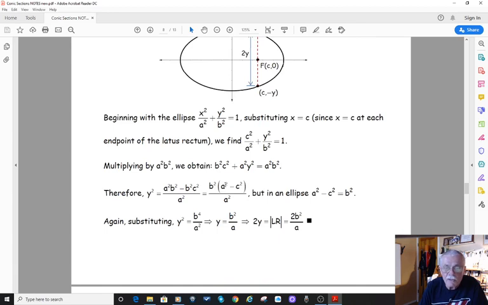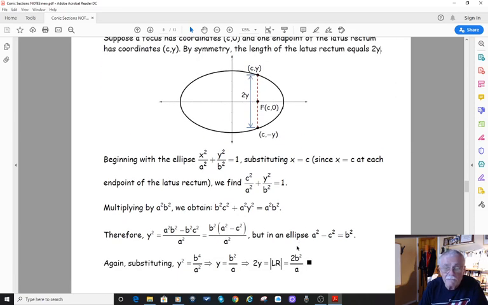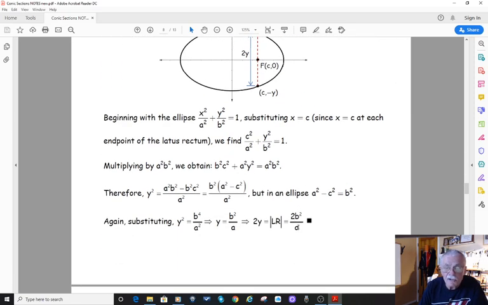So you get b squared times b squared, which is b to the 4th over a squared, and that's y squared. So we take the square root of both sides, and normally we put a plus or minus here, but we're working in the positive half, so y is b squared over a. Therefore 2y, which is what we were looking for, right? The length of the latus rectum is 2b squared over a.